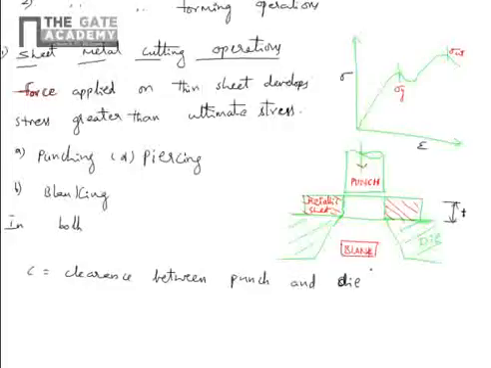So the sheet won't form the cup. Instead, after some amount of load, the two layers parallel to the punch surface start cutting. Because of the surfaces, shear stress develops between punch and die.